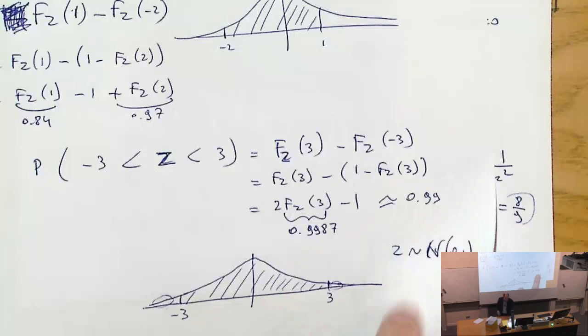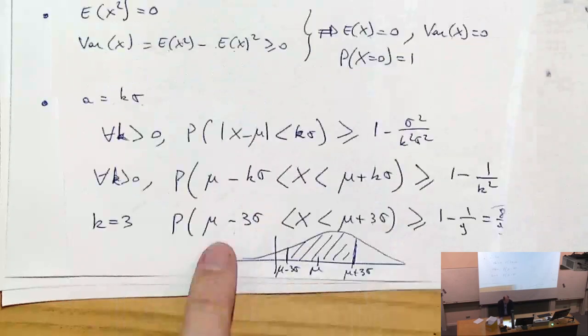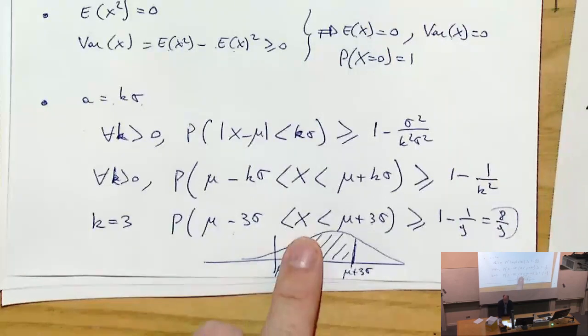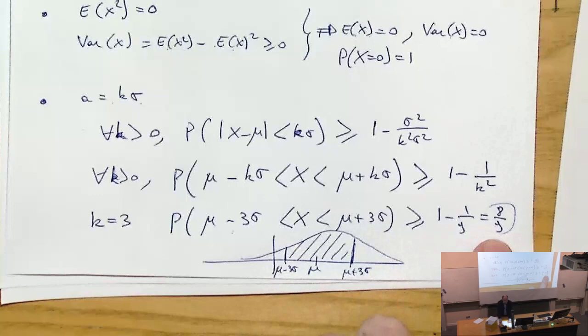So this holds when z is standard normal. But actually what you see here holds for any x, any PDF of x, but this is a lower bound. So here you get 8 over 9, and here we had 0.99.